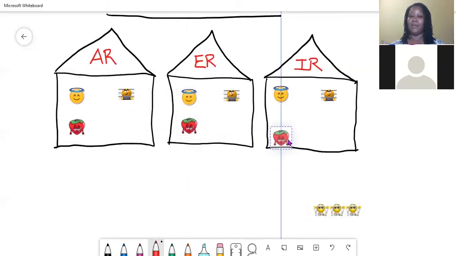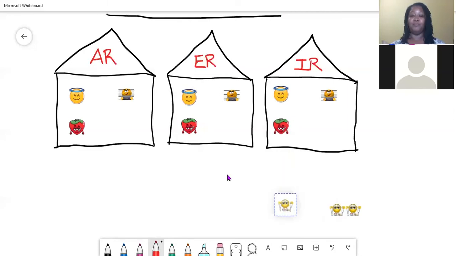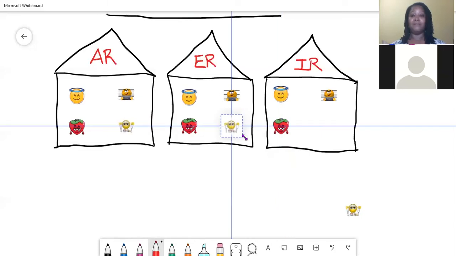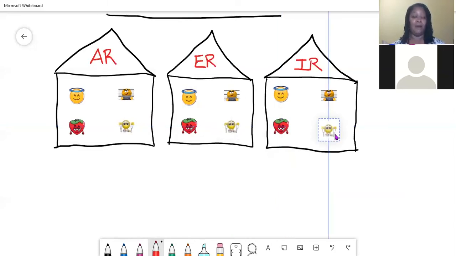In the IR family, you have a heart problem. That's an internal issue. And you're going to have external issues where you have internal issues, right? So in the AR family, we have a foot problem, in the ER family, and a foot problem in the IR family.